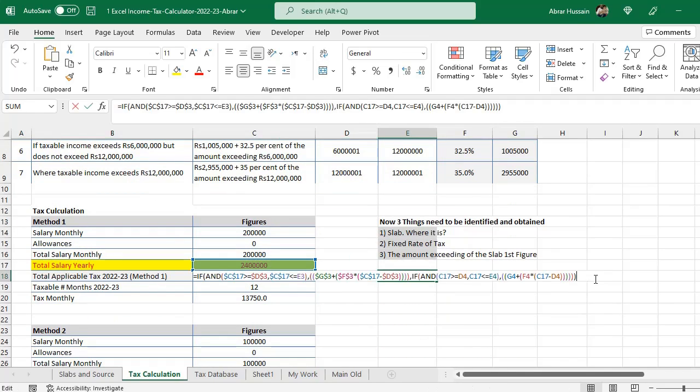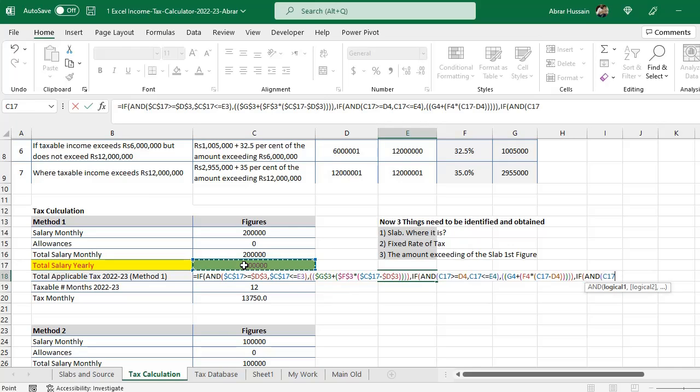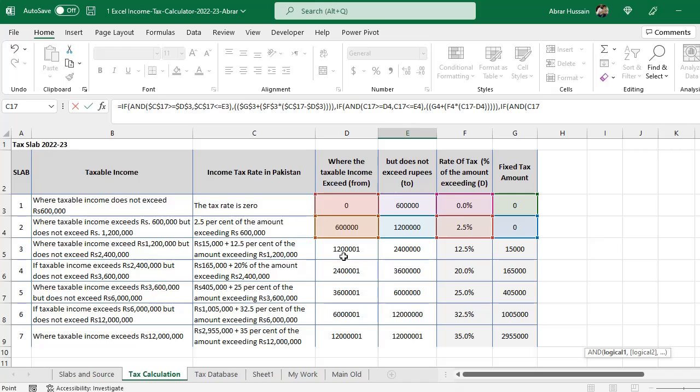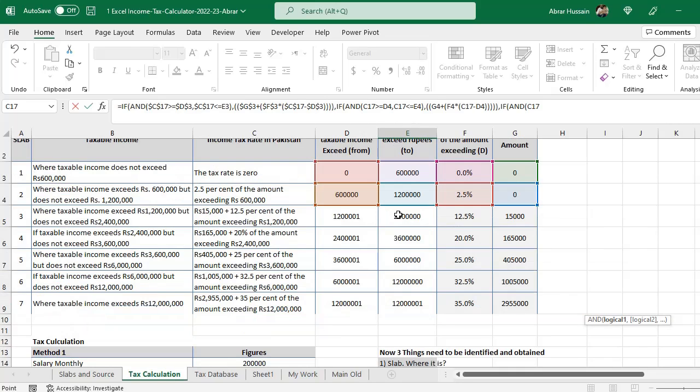So the same thing here, again a comma, remove this last bracket, the black one, comma, IF AND. Again do the same thing. If this value is greater than this one, comma, if this value is lesser than this one, comma, then what you should do?